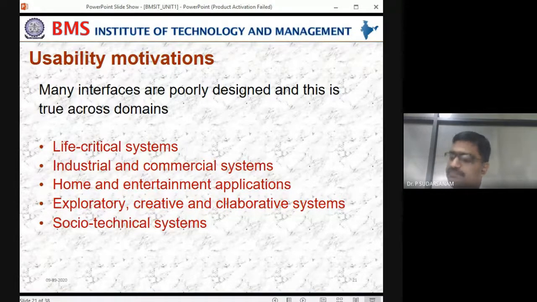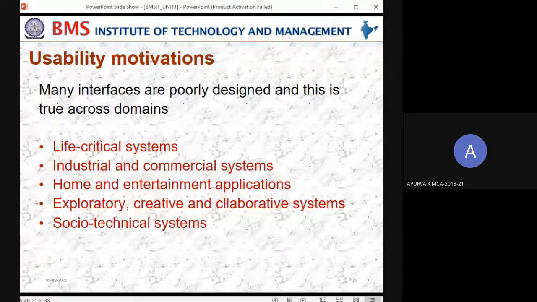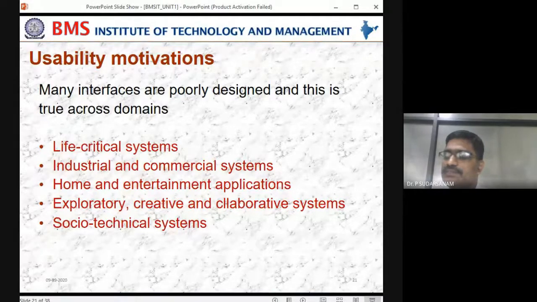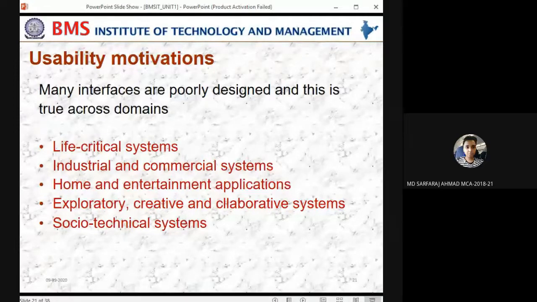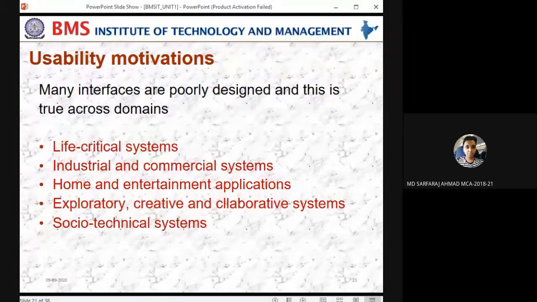50, 51, 52, present, sir. 53, 54, present, sir. 55, 56, yes, sir. 57, present, sir. 58, Sarfraz. 59, present, sir. 58, sir, Faraj.